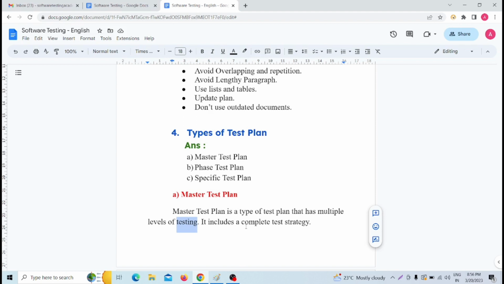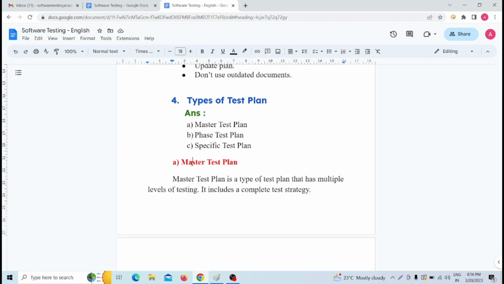So master means everything: multi-level testing, and the types of testing we can follow, are in that master test plan. That is the master test plan.